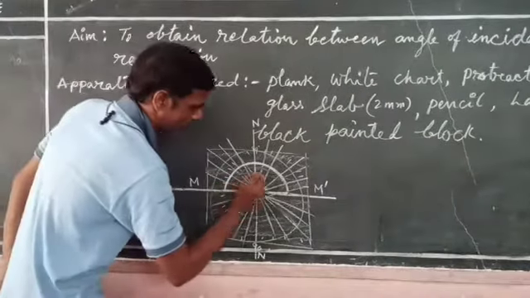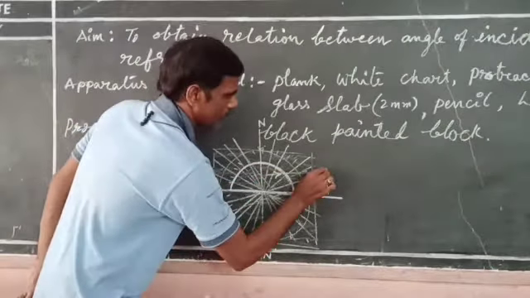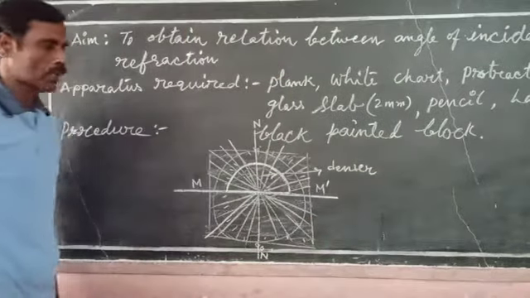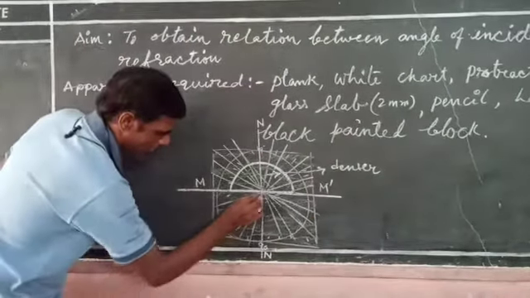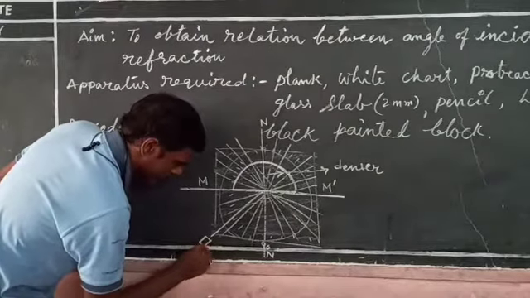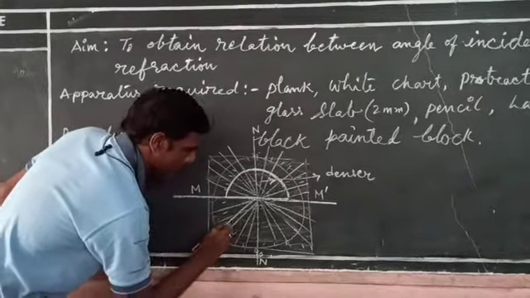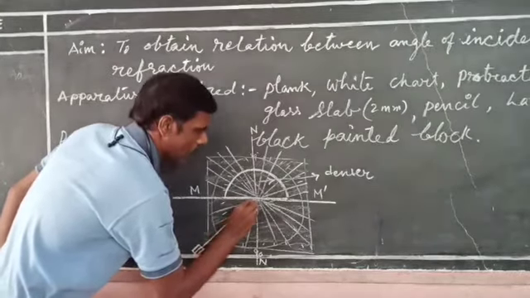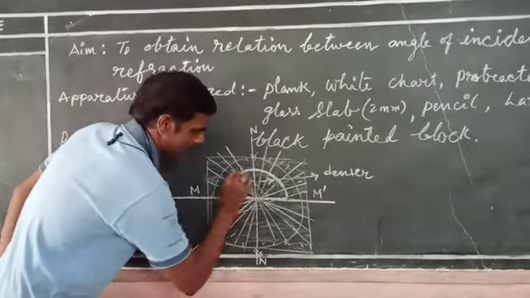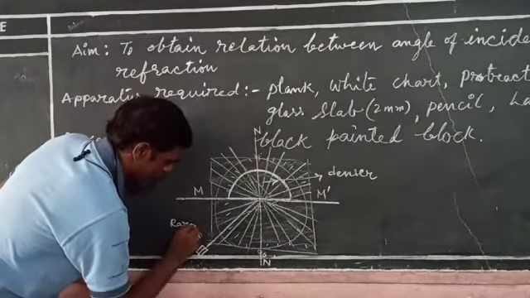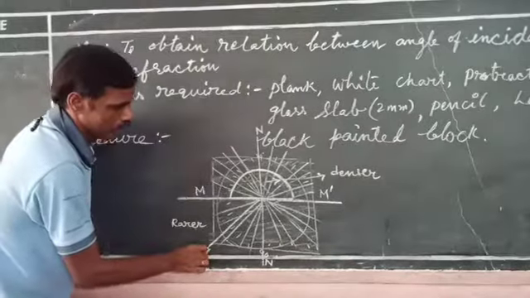See, this glass slab now acts as the denser medium, and now place a laser light here and try to focus the beam of laser light on the glass slab from the other end, that is from the rear medium side.